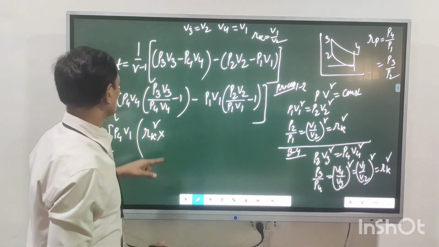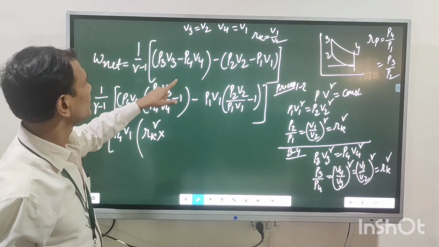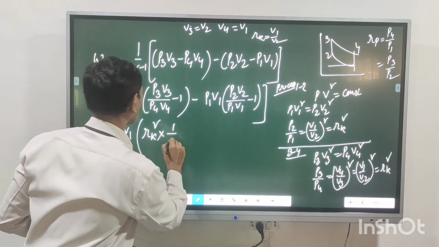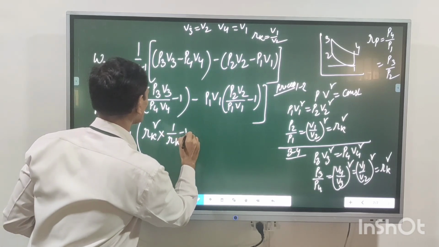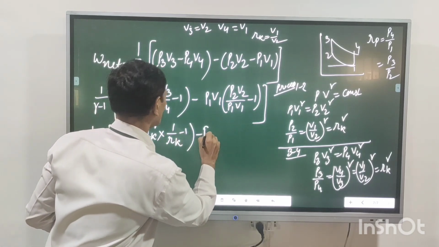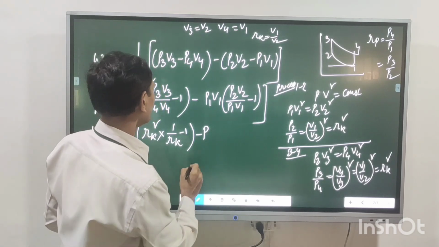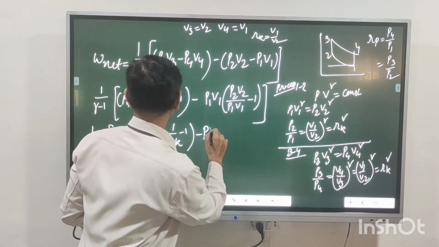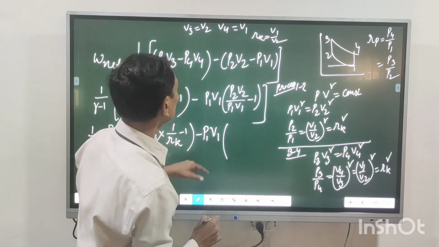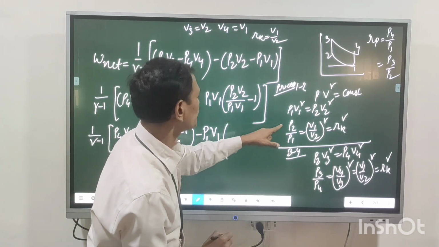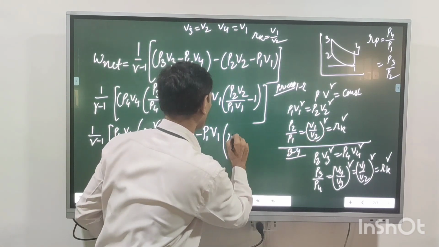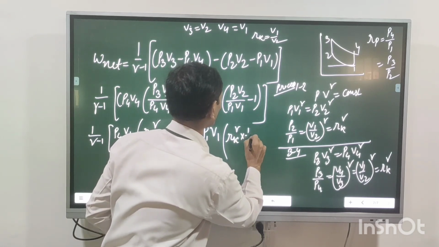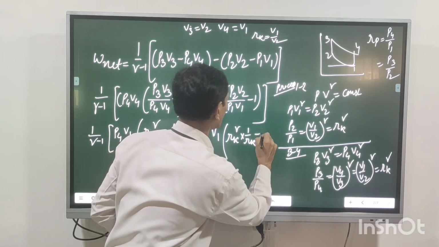So V3 by V4 is V2 by V1, it means 1 by RK, minus P1 V1, P2 by P1 is RK gamma into 1 by RK.